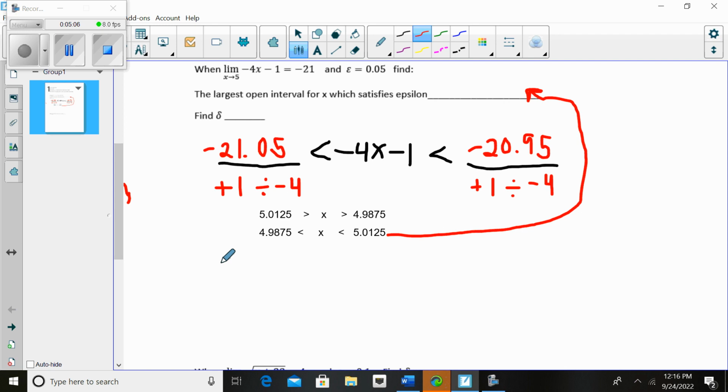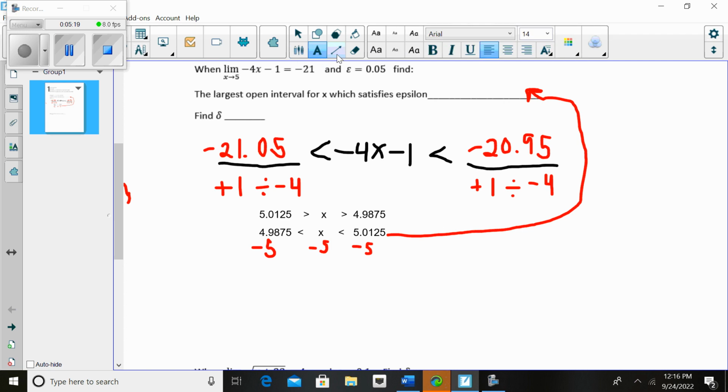So delta is the actual distance from 5. Okay, so if we subtract 5 from everything, and because this is a linear function, we will get the same answer on either side. And so we will end up getting negative 0.0125.